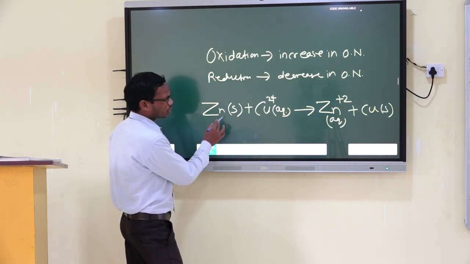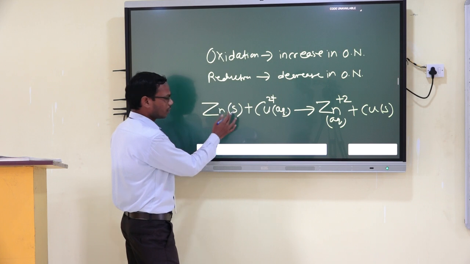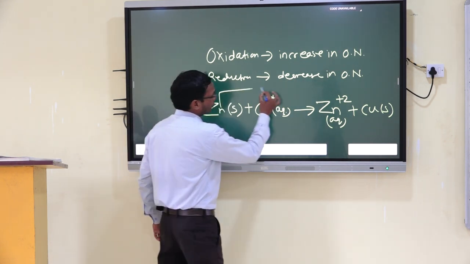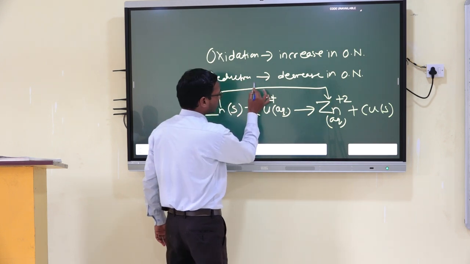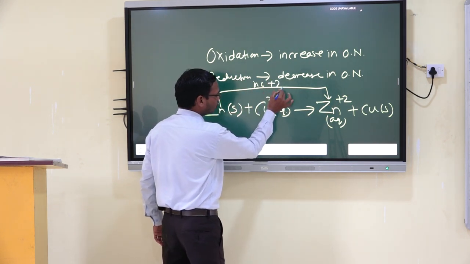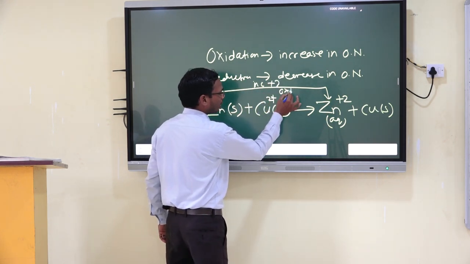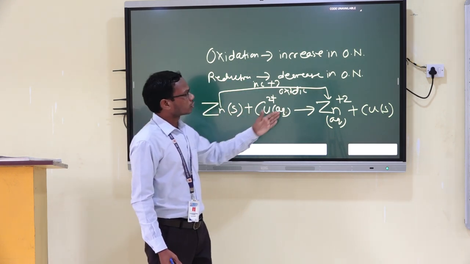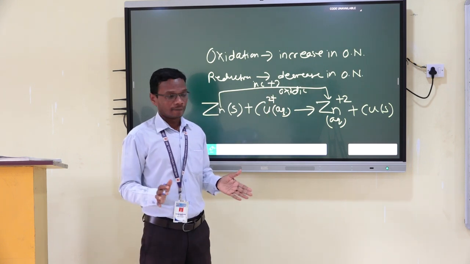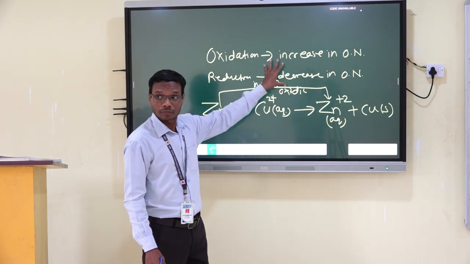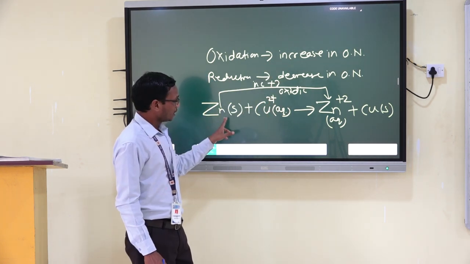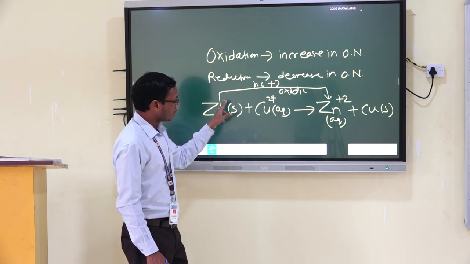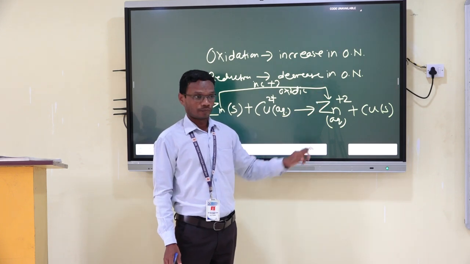If you compare the oxidation number of zinc, it is 0, neutral. But the oxidation number changes from 0 to +2. That is an increase of +2. That means it is oxidized. You can say due to loss of electron, but generally according to this topic we say zinc is oxidized due to increase in oxidation number from 0 to +2.